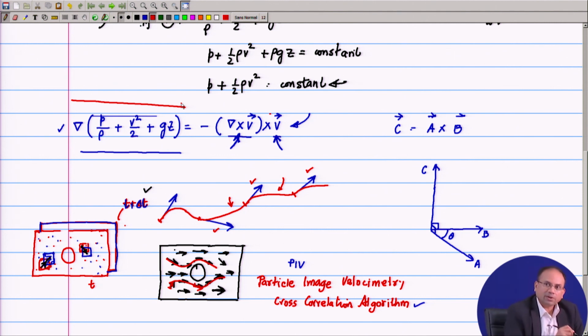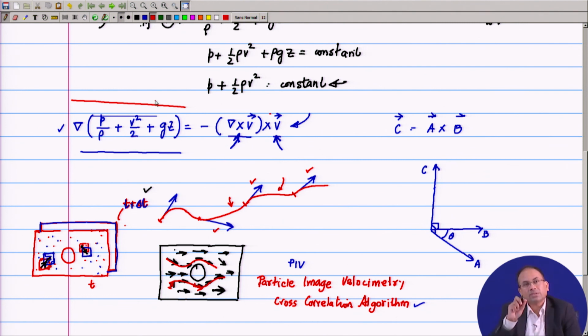So, if it is perpendicular to the streamline direction, then if you take a component of this thing along the streamline, then it is 0, there is no contribution of that gradient vector along the streamline direction. So, in that case, this thing has no gradient, because this whole thing is at right angles to the velocity vector or right angles to the local streamline direction.